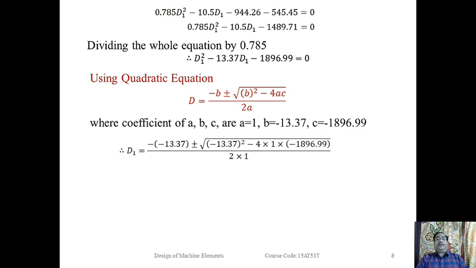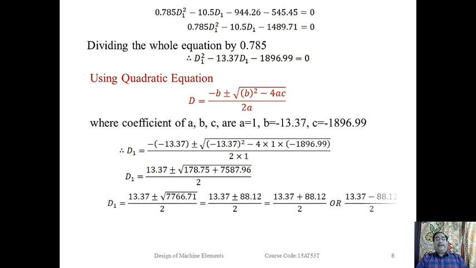After substituting and calculating we get two values of D1, one positive and another negative: D1 is equal to 50.74 or minus 37.37.